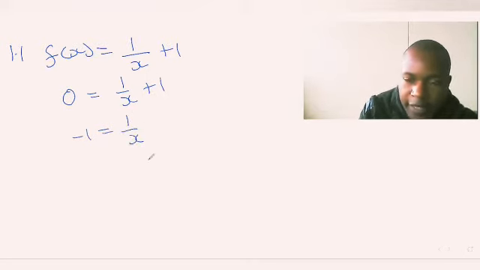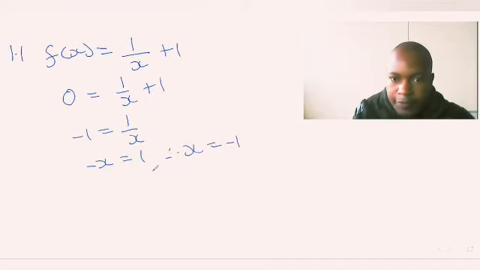1 divided by x. We can then just cross multiply to give us -x equals 1. Therefore, x would equal -1.